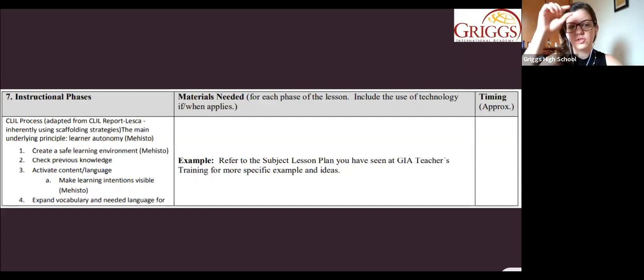So you don't need to list as warm-up. You put the whole instructional phases in the order that it's going to happen. But it's okay if in the middle of the lesson you have another introduction activity because you're changing the topic. So you're connecting one to the other.